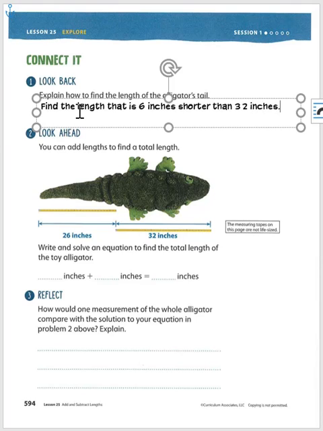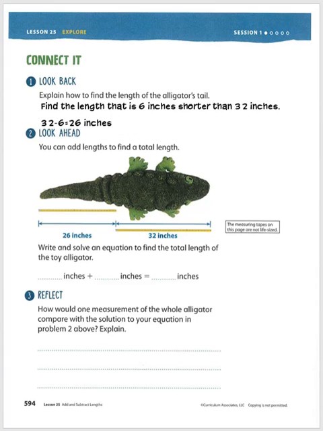So 32 minus 6 is equal to 26 inches. Sorry. I got a little cough. Okay, 26 inches.